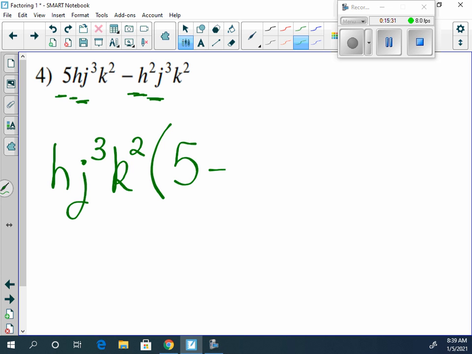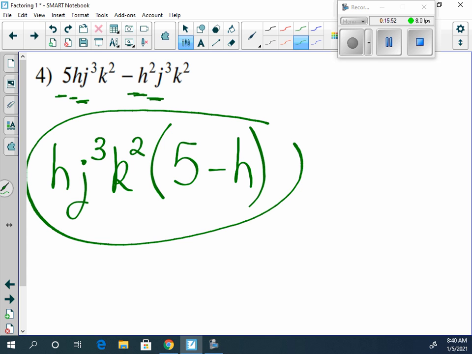Minus, I have h squared, and we pulled out how many? 1, so I'm left with h. I have j to the third, and we pulled out 3, so it's gone. It factored out completely. K squared, well, we pulled out 2, so it factored out completely. So we're left with this here.